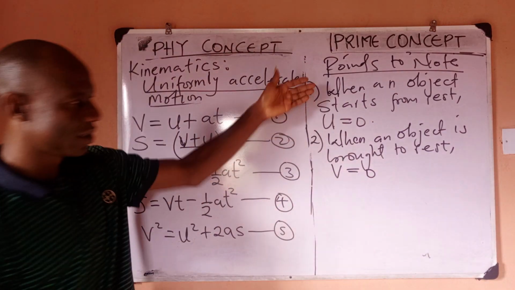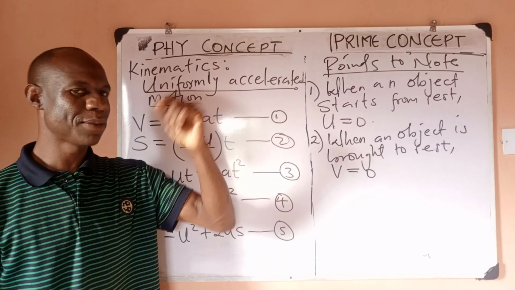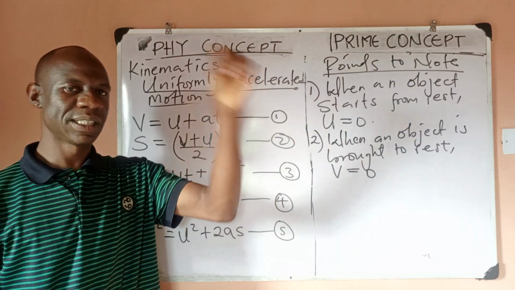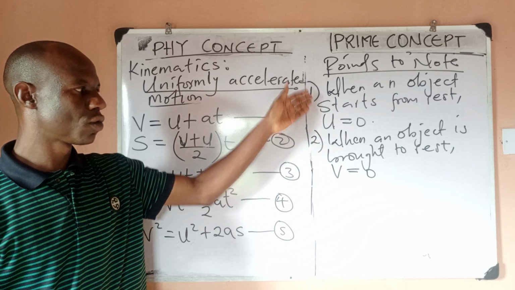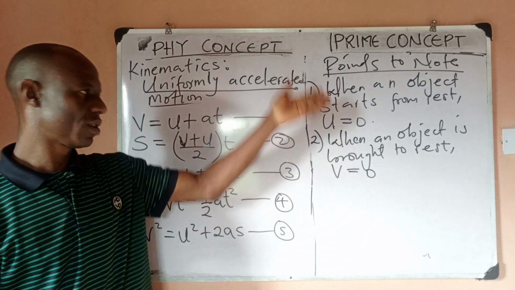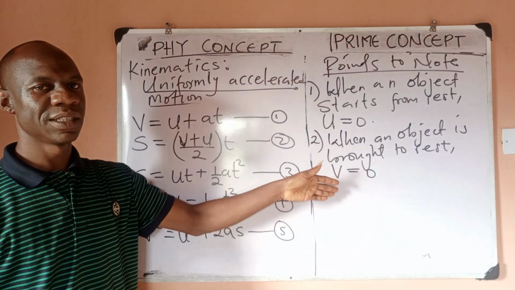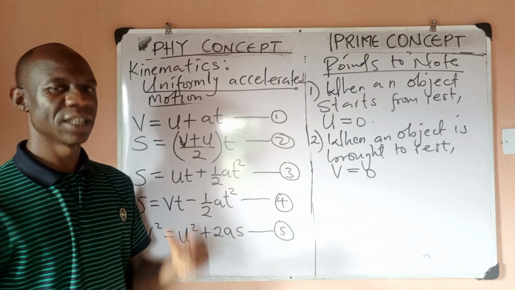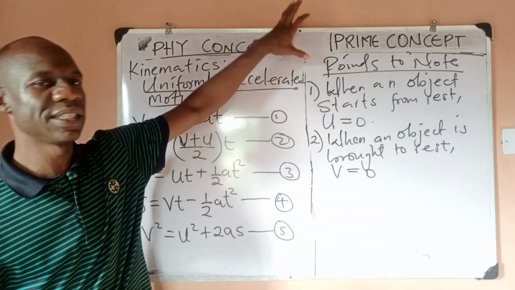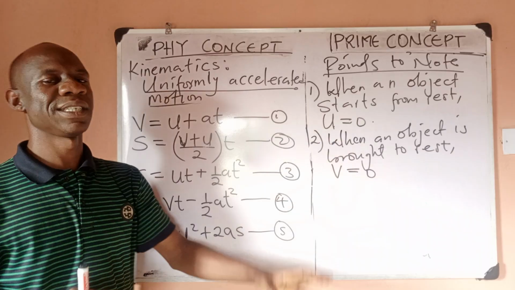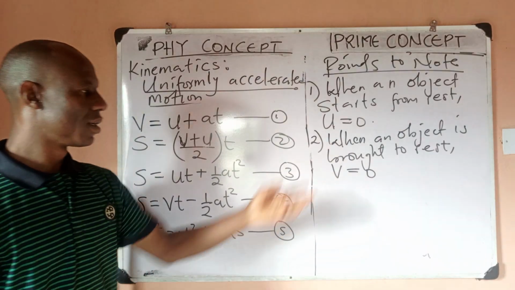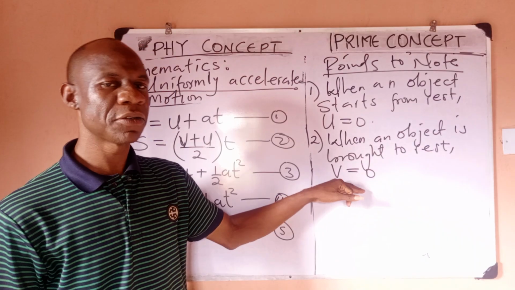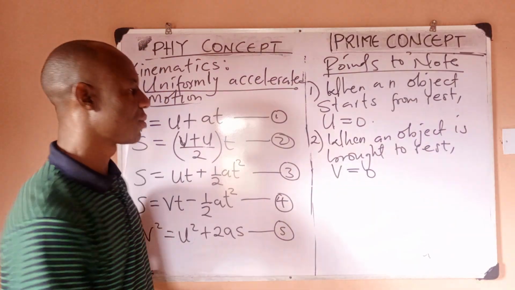Zero. So take note of these two statements. They look similar, but they are different. When an object starts from rest, u is zero. You won't have the two of them simultaneously in a question. It will either be only this or only this, except you have two parts of the same question. Otherwise, you will have only this in one question, only this in another question. They will not be together. So when an object is brought to rest, the final velocity v becomes zero.